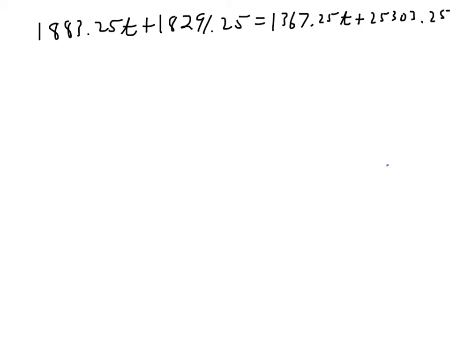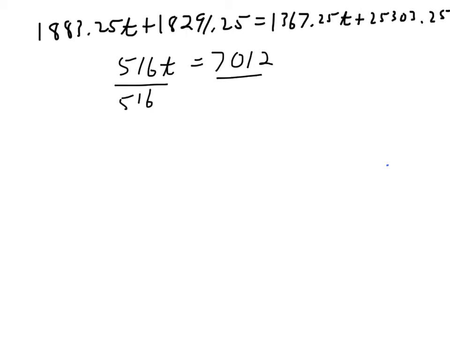Our job now is to solve for time, or t. So we want to collect our variables on one side. I'll go ahead and get them over to the left side of the equation and get the numbers on the other side. When we do that, it ends up giving us 516t equals 7012, and then divide both sides by 516, and t comes out to be 13.608 years.